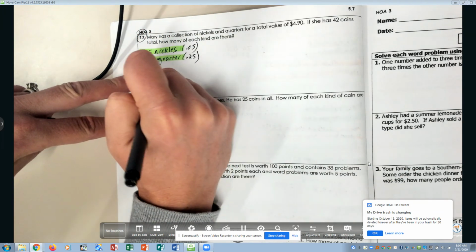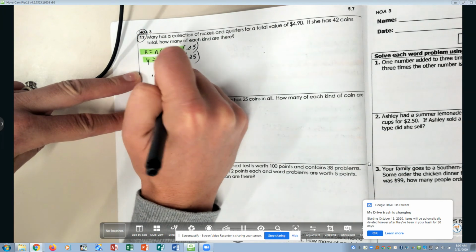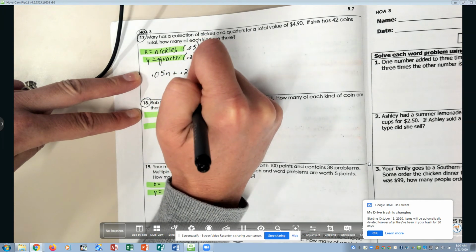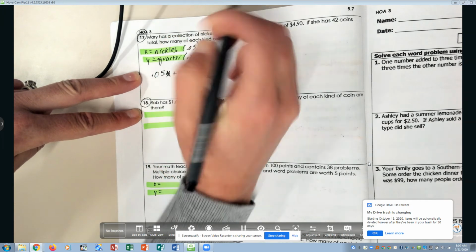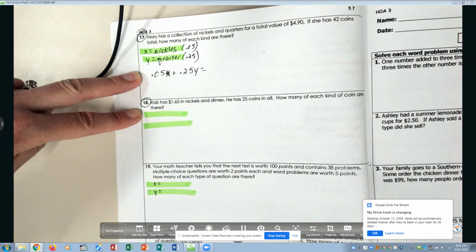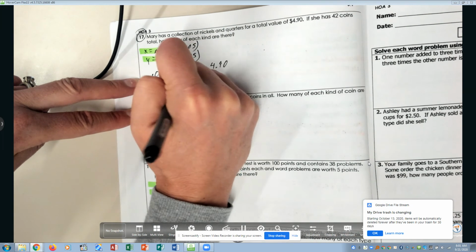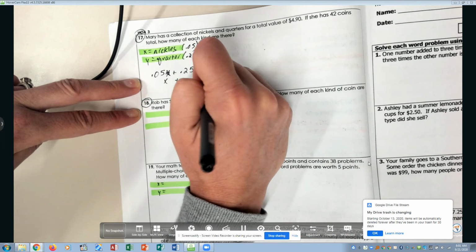Okay, so some nickels, 5 cents per nickel, 25 cents per quarter. Oop, I'm using X here, not N. And they have a total value of $4.90. They have some nickels and some quarters, but a total of 42 coins.